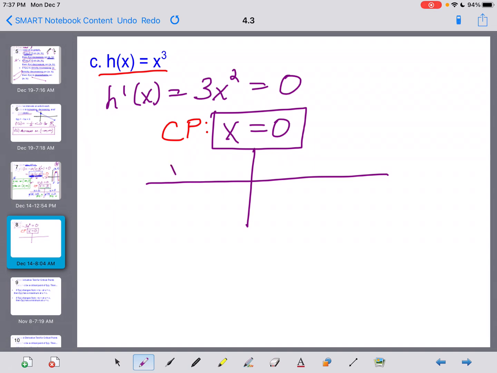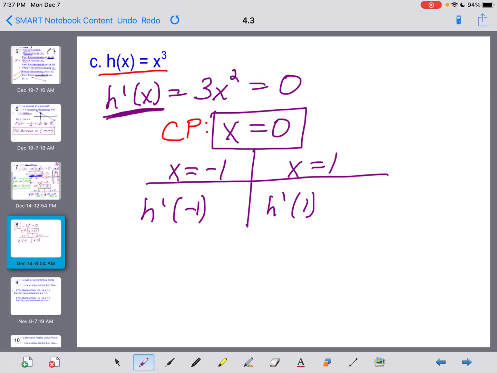No need to think too hard about this, guys. Any number will work. So I'm going to go with -1, and then I'm going to go with x equals +1. And again, we're interested in the behavior of this function, and the behavior information comes from the sign of the first derivative. So we're going to evaluate h prime of -1 and then h prime of +1.